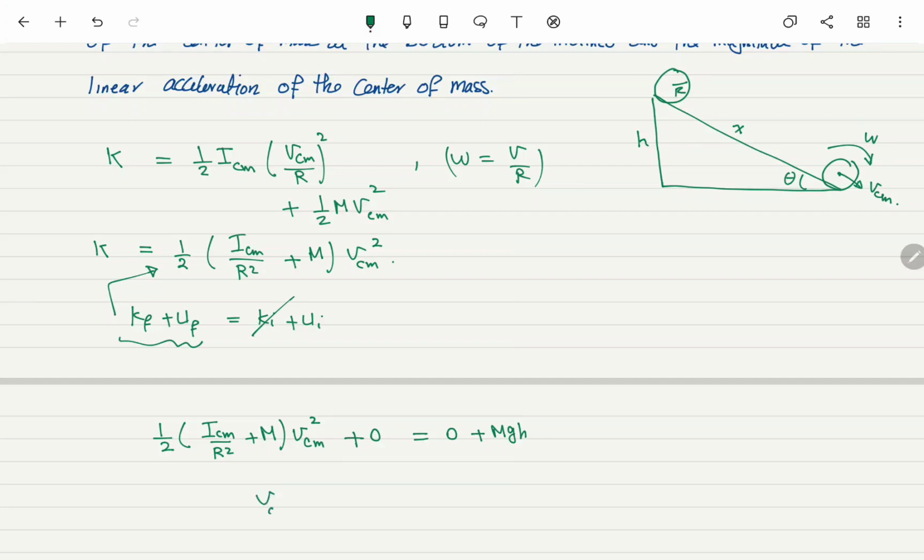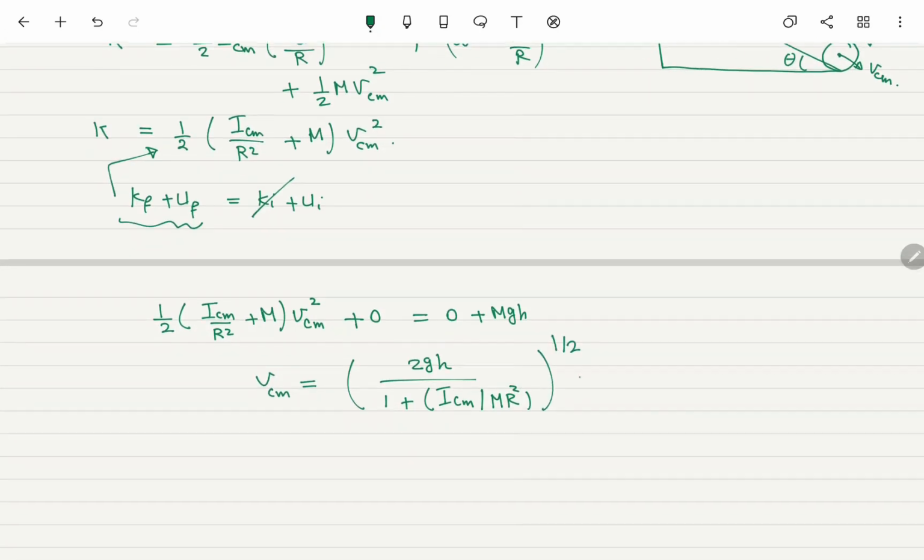So v center of mass in this case equal to (2gh divided by 1 plus I center of mass divided by m r square) to the power half.